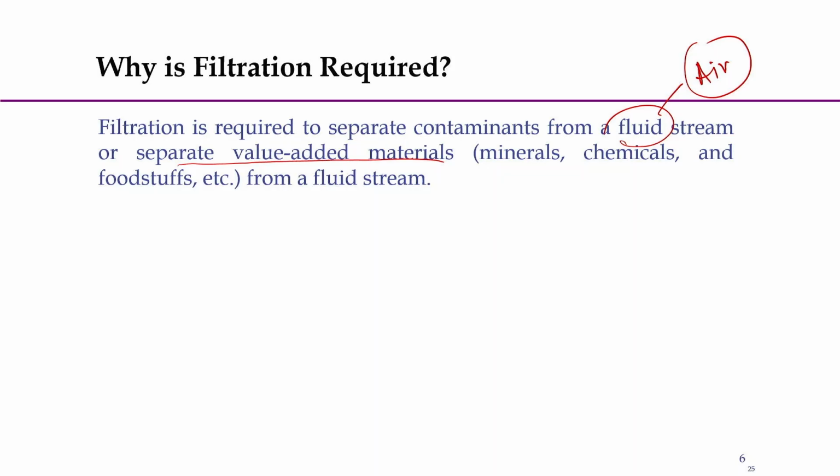It may be reversed. In air filtration, we try to clean the air, or in water filtration we try to clean the water, but we can also separate value added material like minerals, chemicals, foodstuff from the fluid stream.